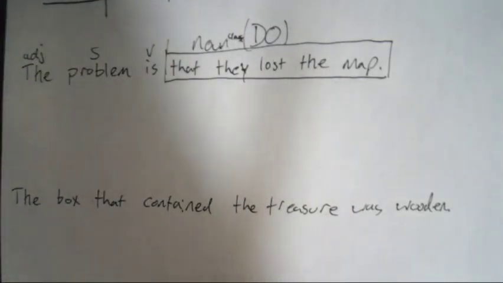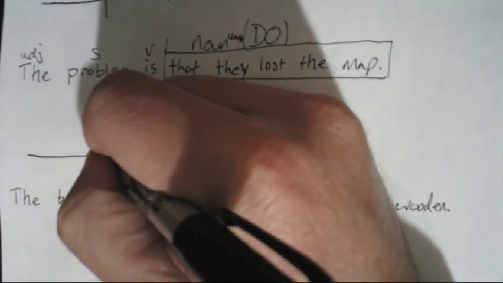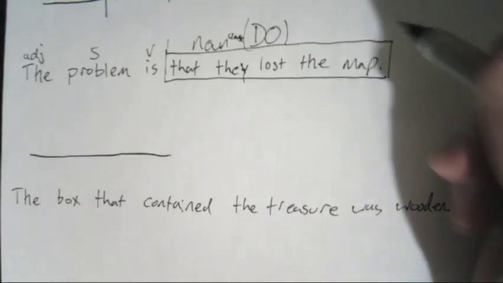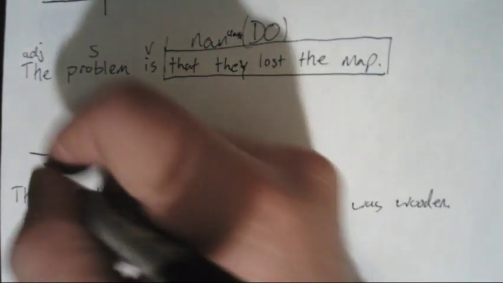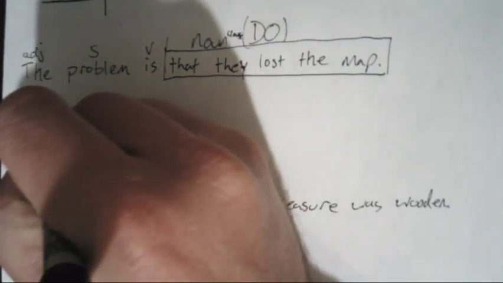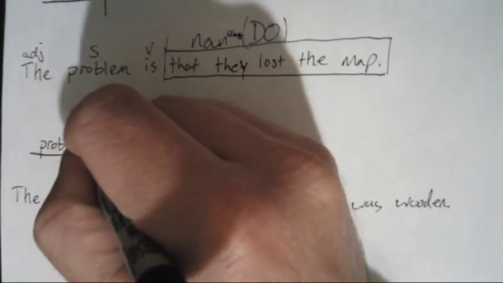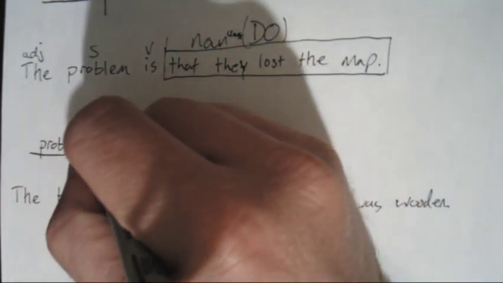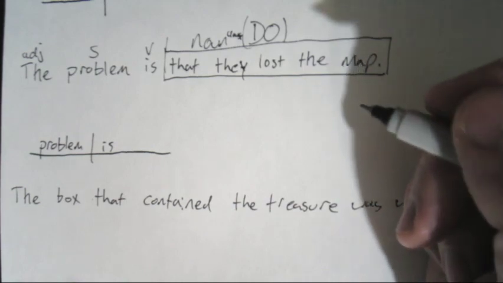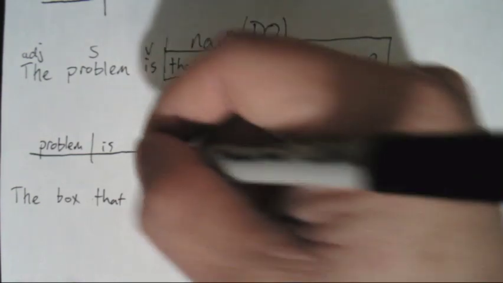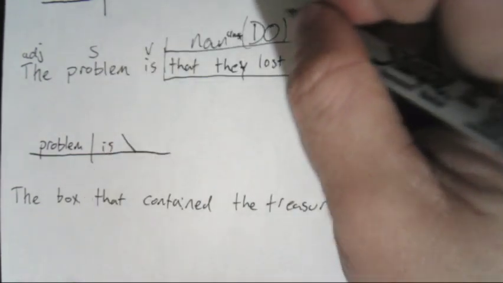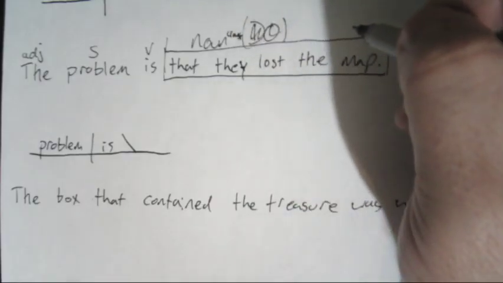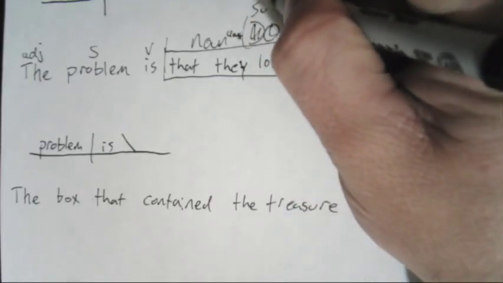So, how are we going to diagram? Well, you guys know the first step. And it should be no surprise to you that I'm starting low, because I know that I'm going to need that space up above. Problem's the subject. Is the verb, right? And I shouldn't have said direct object here. It's not really a direct object. It's a subject complement.